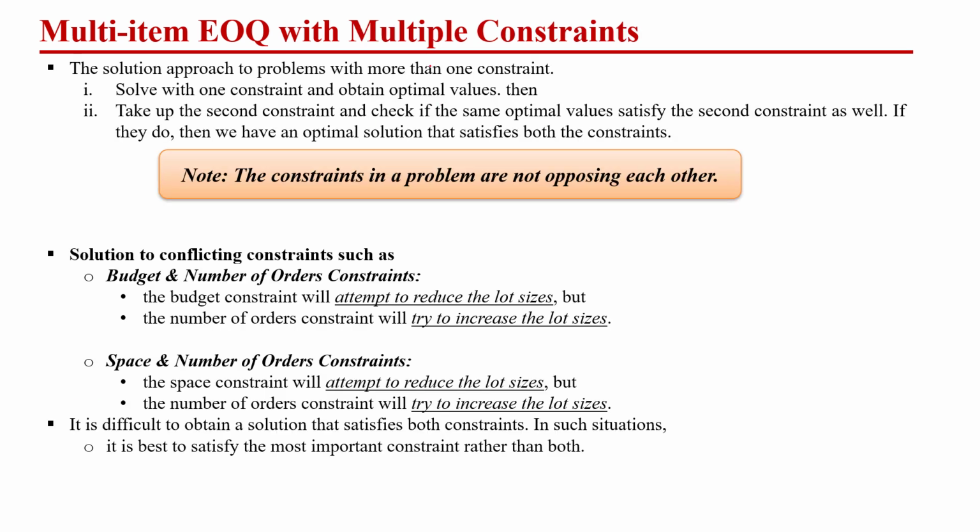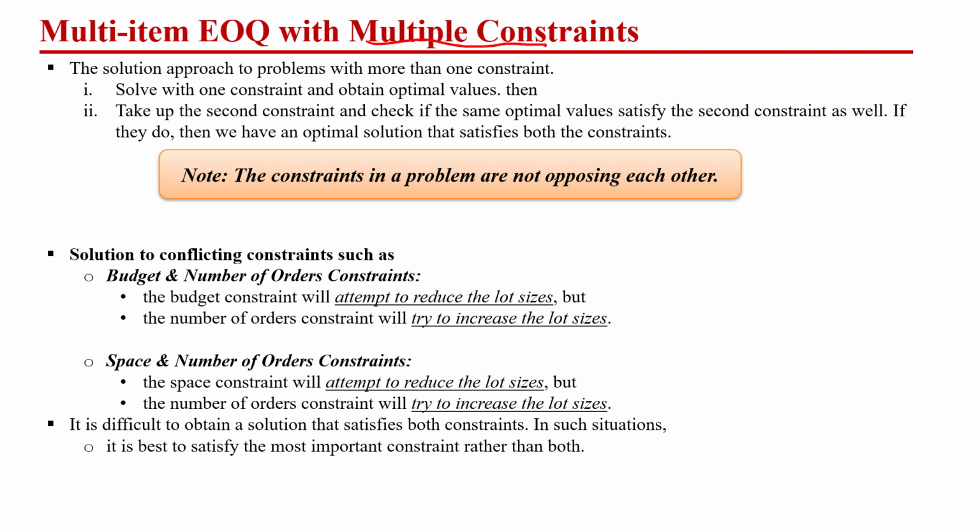Now if we have multiple constraints, the main thing is whether the constraints are in the same direction, like a budget constraint as well as a space constraint. In both cases we would like to reduce the quantity size. In that case we solve the unconstrained problem first.